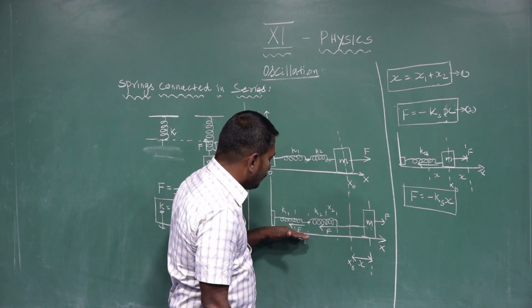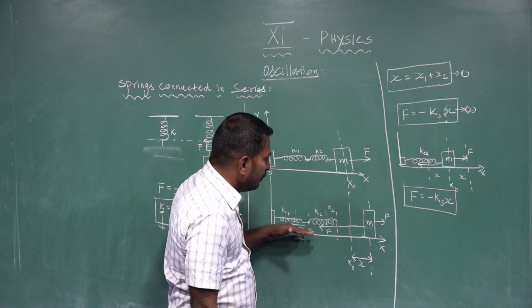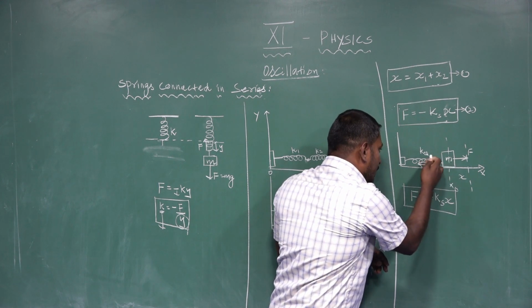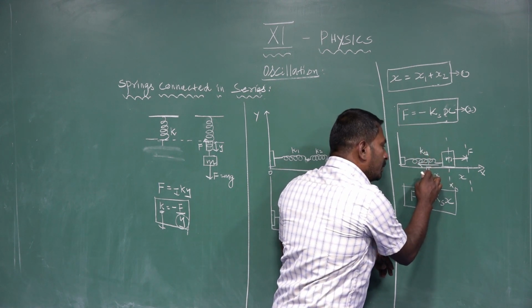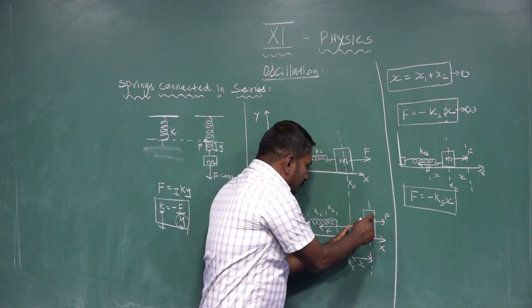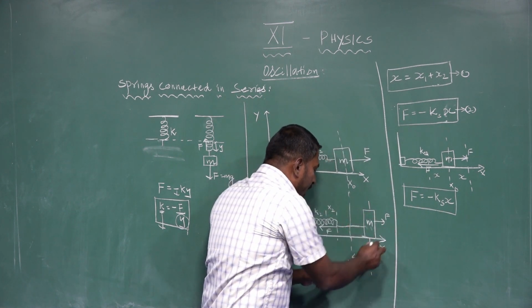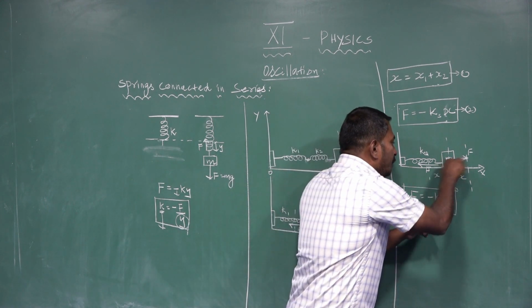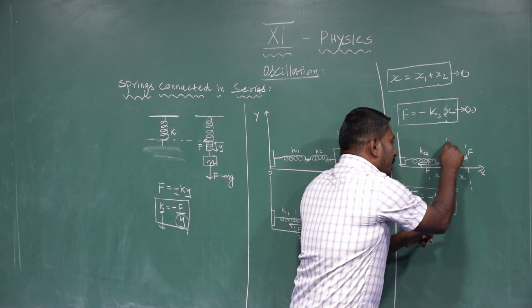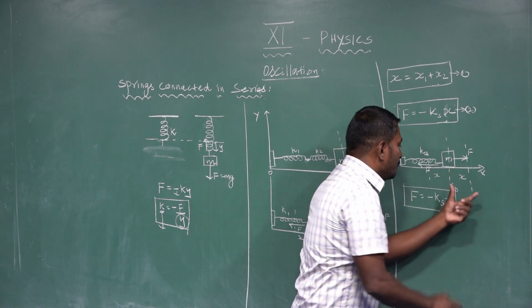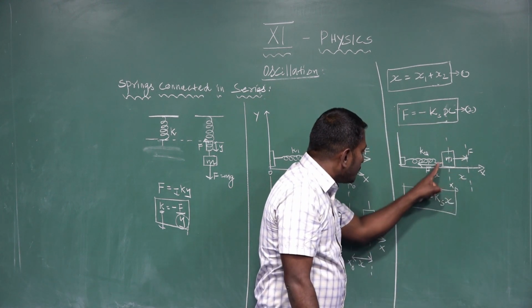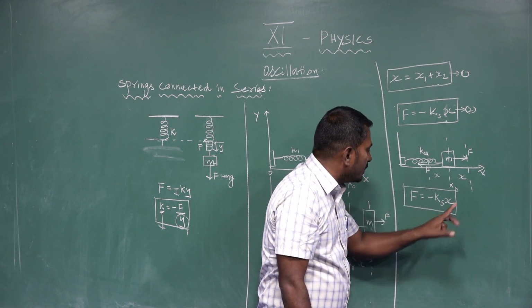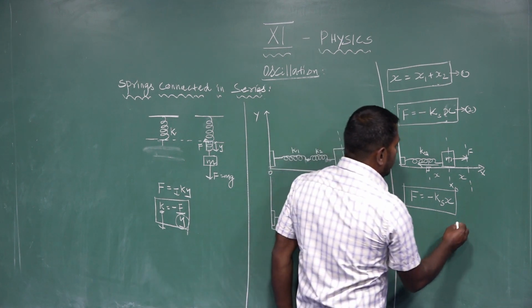The restoring force developed in both springs is F, the same as the restoring force developed in the single spring with spring constant Ks. The block is shifted towards the right through the same displacement x after application of the external force F. So the restoring force developed in the spring is F equal to minus Ks into x. Equation number 3.